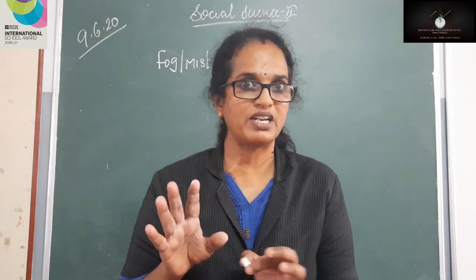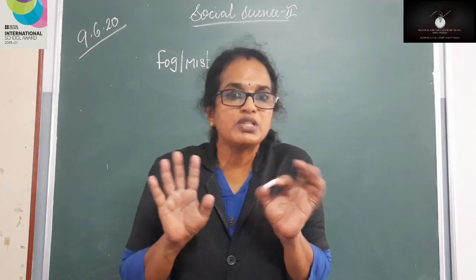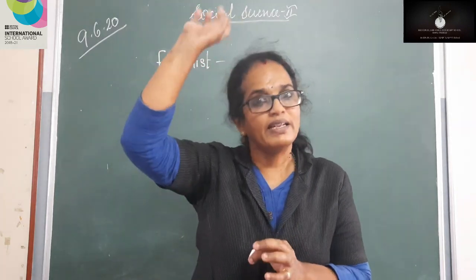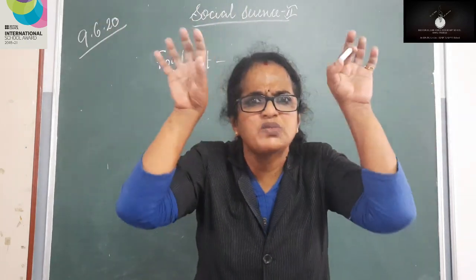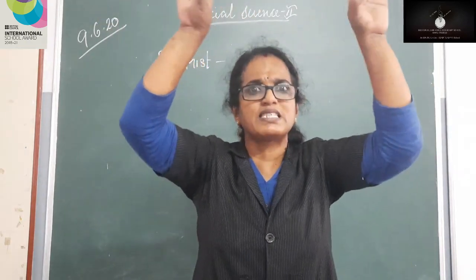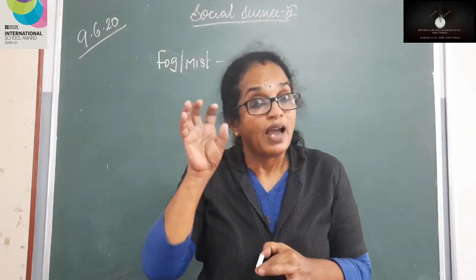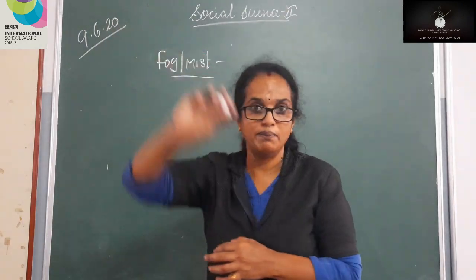Is it clear, my dear children? Tiny droplets of water formed due to the cooling of air remains suspended in the air, in the atmosphere itself. And it will be almost very close to the clouds, just in the lower atmosphere. And this is called as fog or mist.